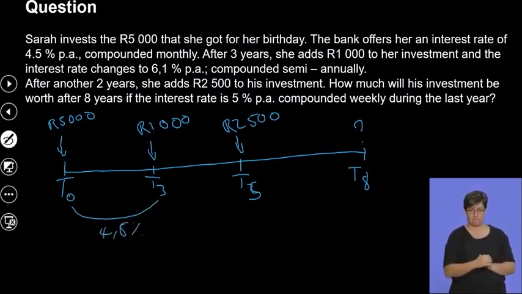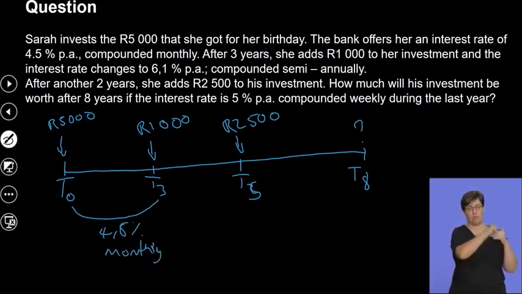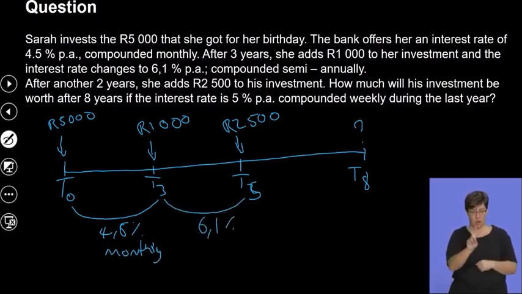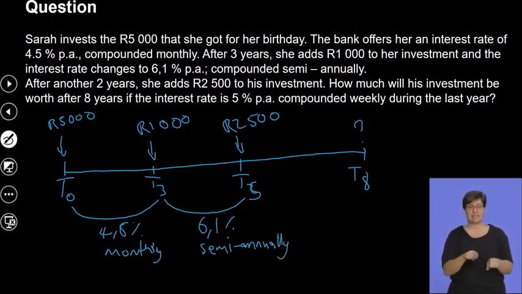4.5%, and this was on a monthly basis because it was compounded monthly. And then for the 2 years, the interest became 6.1%, and this was on a semi-annual basis. Remember, the other word for semi-annually is half-yearly.